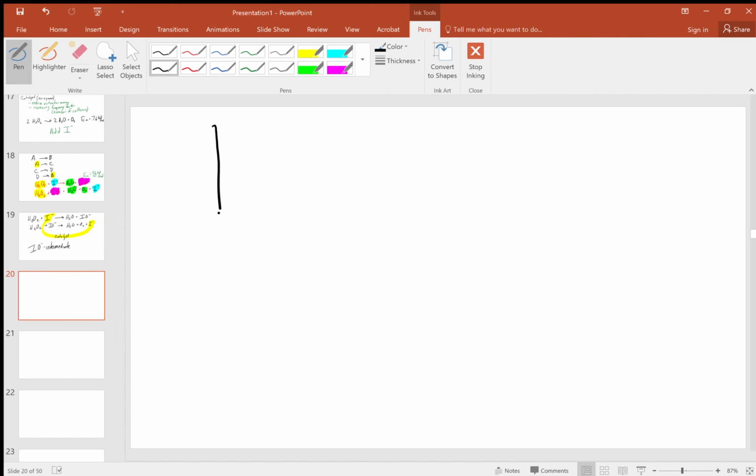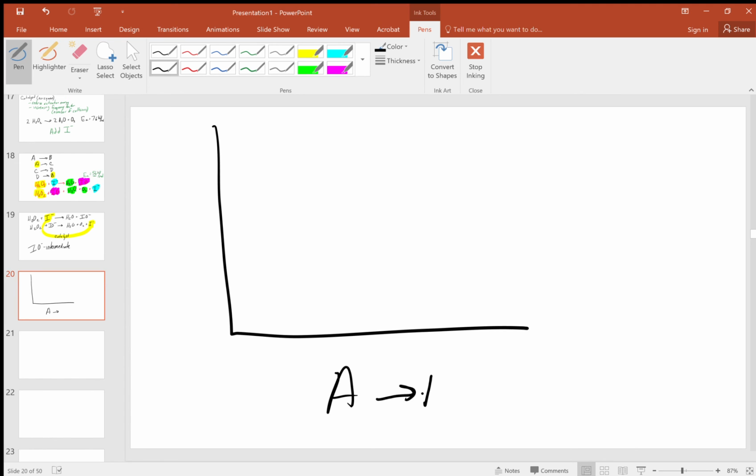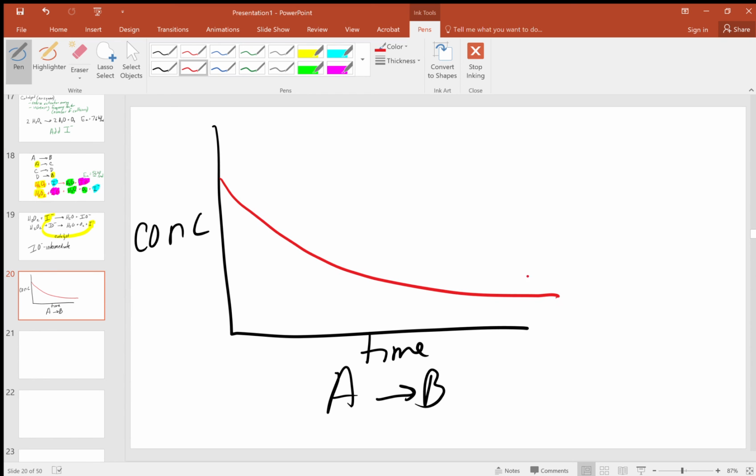Now, as we continue to talk about reaction rates, we're going to go back to our simple reaction, A going to B. If we plot concentration versus time, we find something that happens like this. So our starting material, we start out with a lot of it, and it slowly decreases over time, eventually leveling out. With our product B, it probably starts at 0 concentration, goes up, and it levels out also.